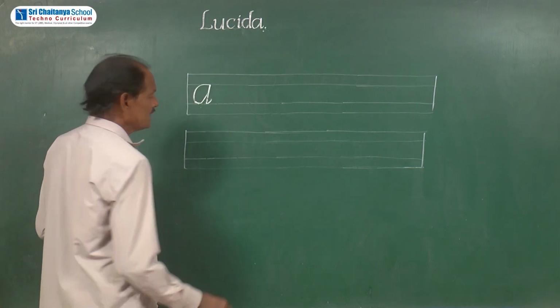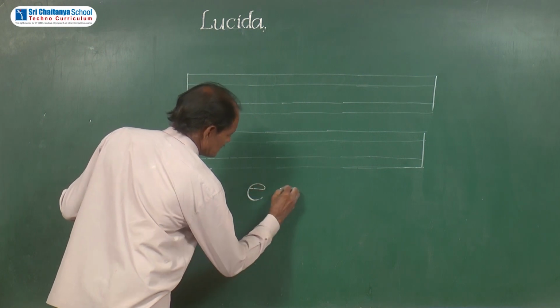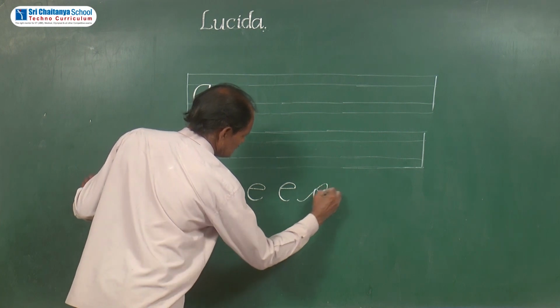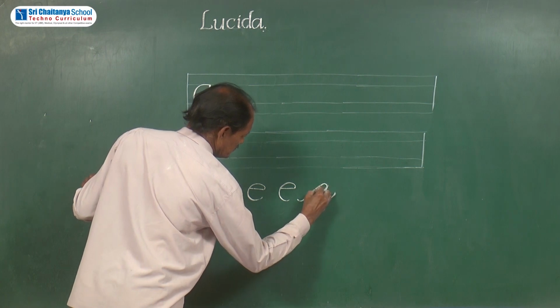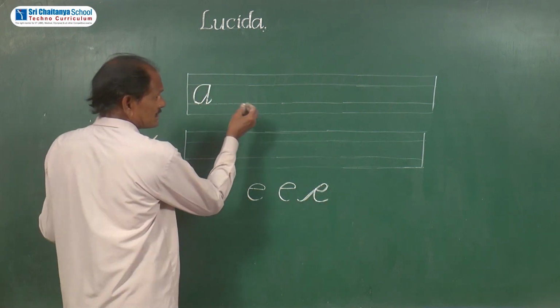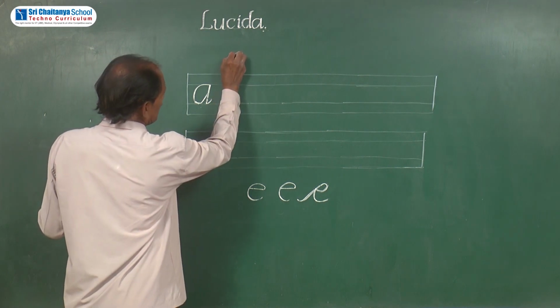Next, E. This is the split writing E, and this is the cursive E. But Lucida is a special font of handwriting.